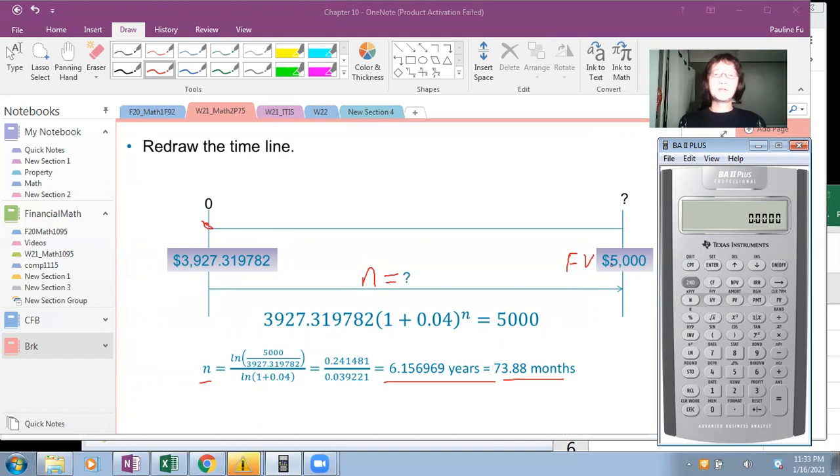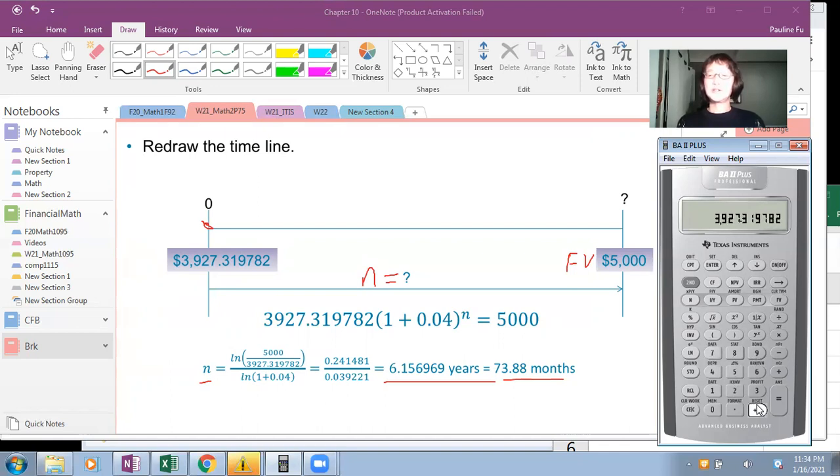By the way, when you have a present value and a future value at the same time, when you enter them in the calculator, one of them must be entered as a negative number. So let's enter 3,927.319,782.